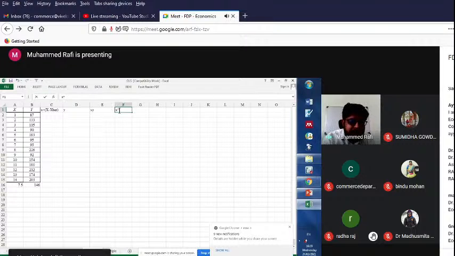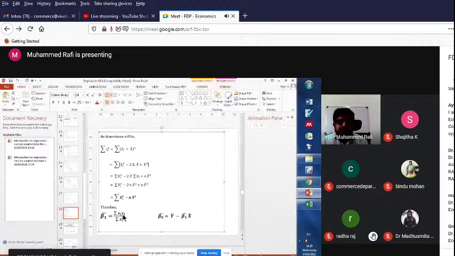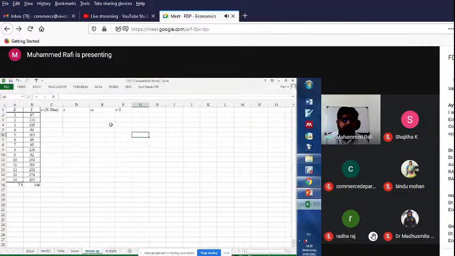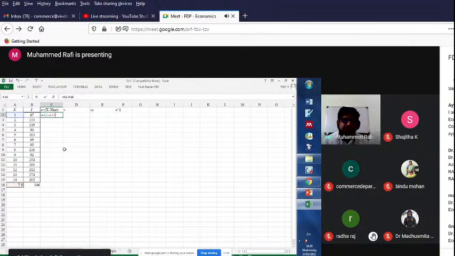So the equation says that in the numerator you have sigma xi yi, and in the denominator you have sigma xi square. Now, you can find out the value of small x, which is the actual value minus the mean value. So what I'm going to do is find out the deviation of actual value from its mean for both x and y. So let me first find out for x.